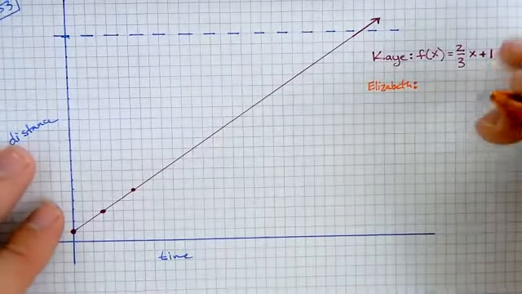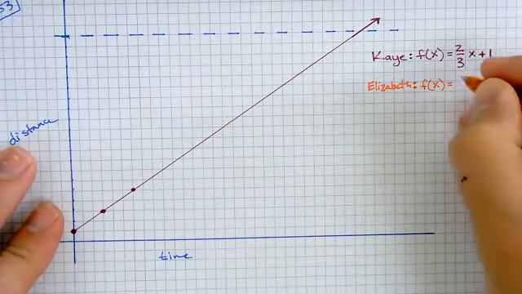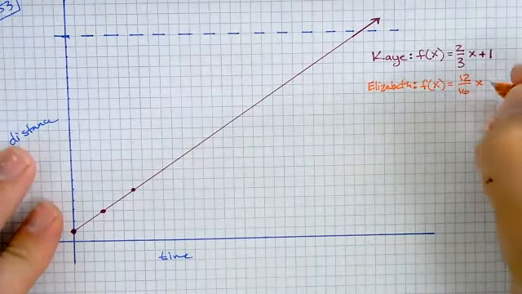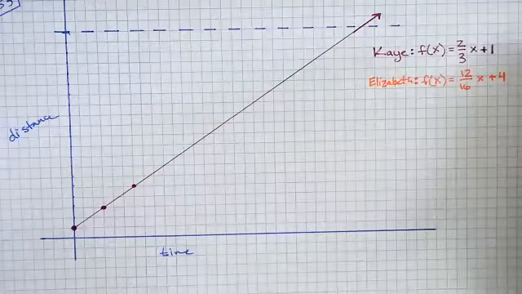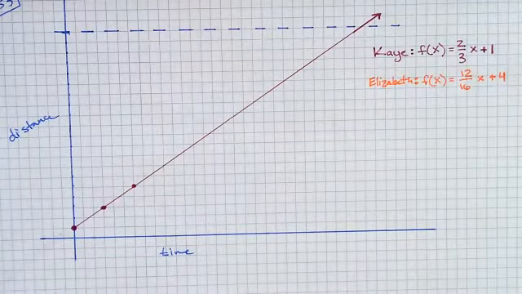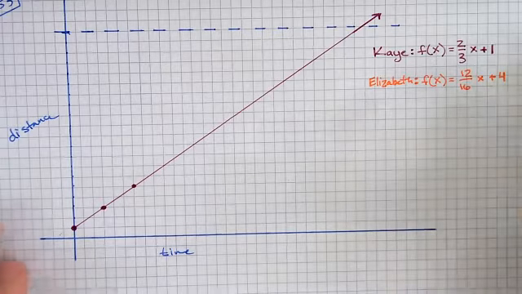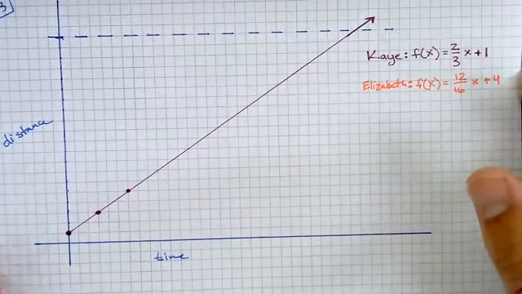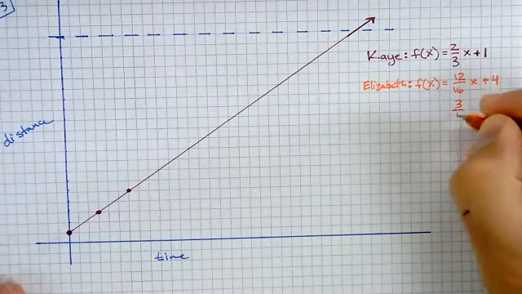Next up is Elizabeth. Her equation is 12/16 x plus 4. 12/16 can also be reduced down to just 3/4.